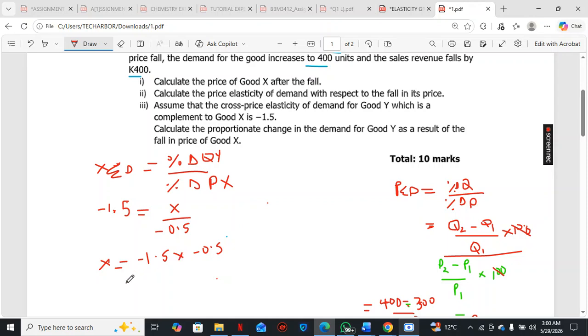Negative 1.5 multiplied by negative 0.5 gives positive 0.75, which translates to a 75% change. So that's that about cross price elasticity of demand.